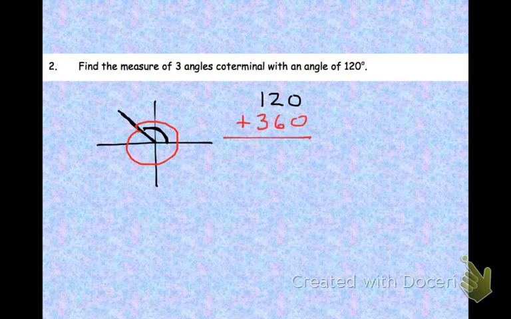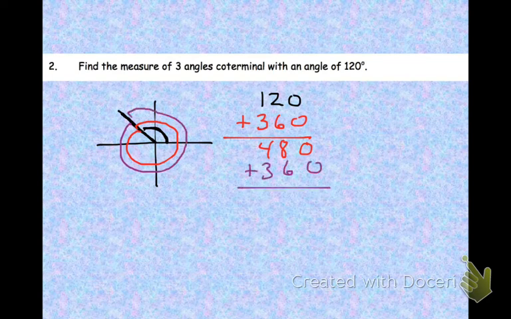So our red one there is going to be 480 degrees. If you wanted to find another coterminal angle, you could again add another 360 on. So you'd end up with 840 degrees. So the purple one there is 840.